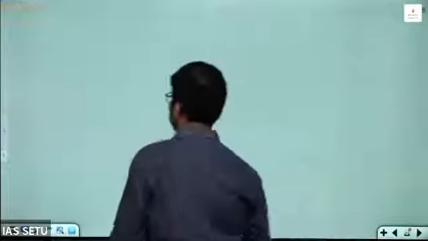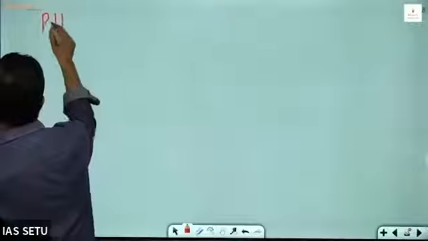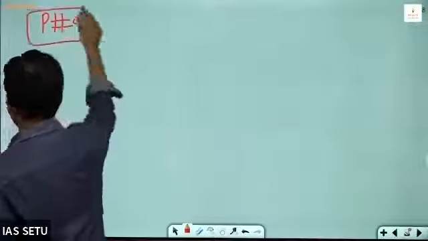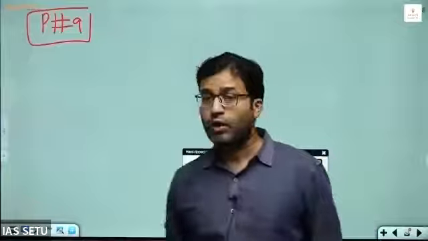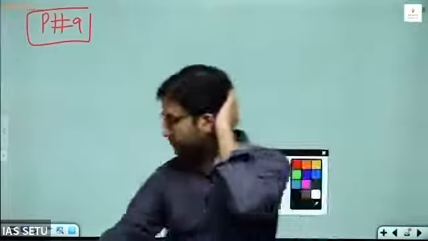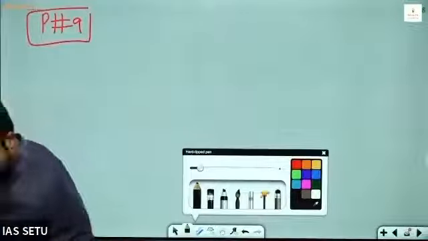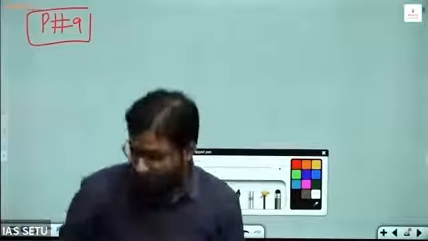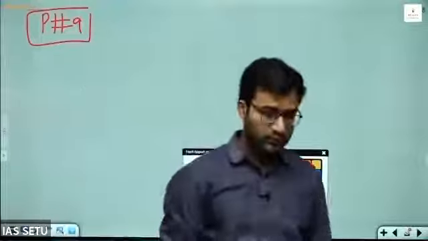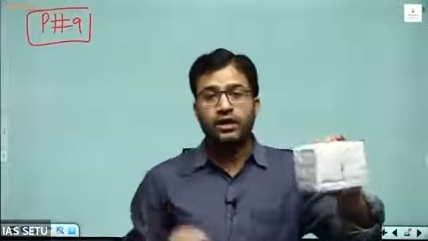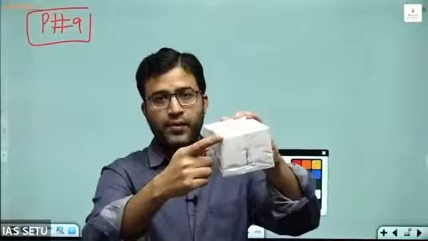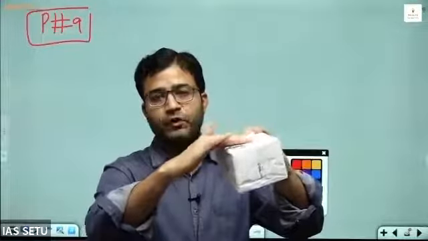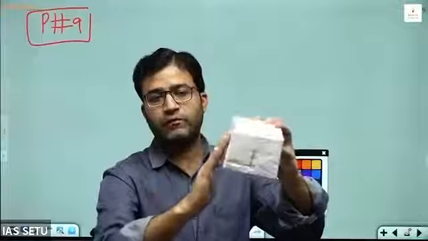For that, I want to give you property number 9. Property number 9 here is, if you concentrate on this vertex, it is common for this face, this vertex is common for this face, this vertex is common for this face.